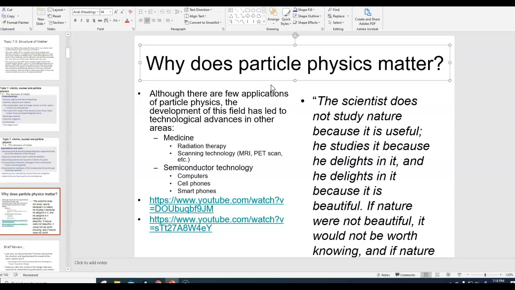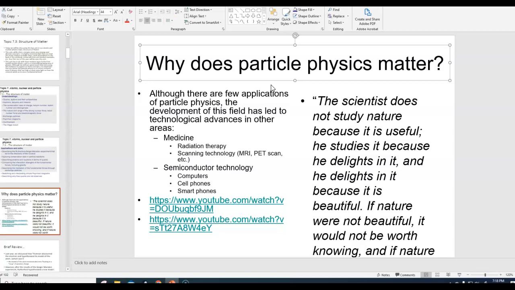For example, in medicine, there's lots of different types of radiation therapies that you can apply to cancer and other diseases. A lot of our scanning technologies, MRIs, PET scans, things of that nature, involve or kind of developed as our understanding of particle physics grew.